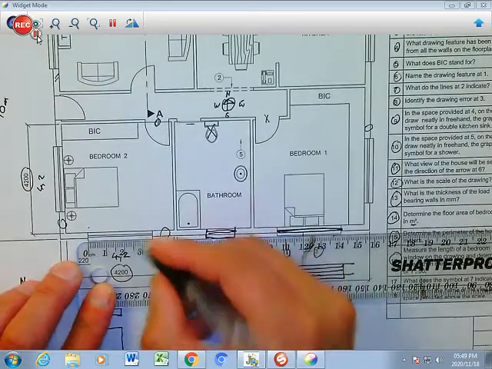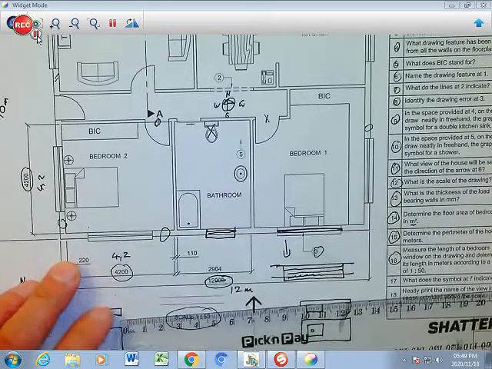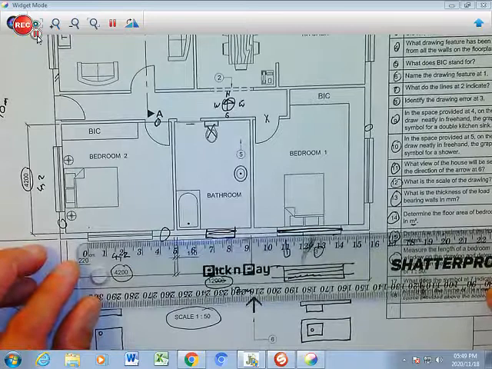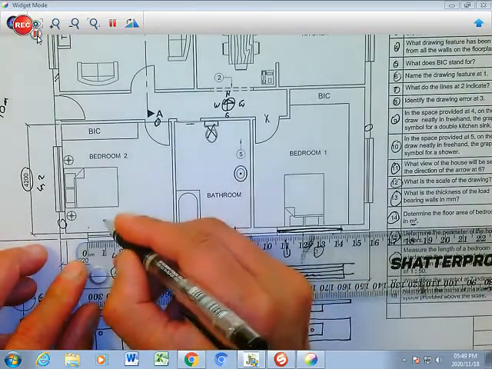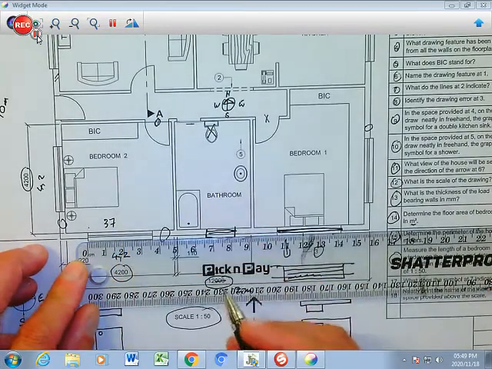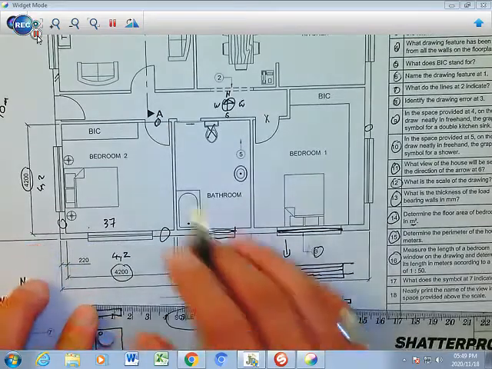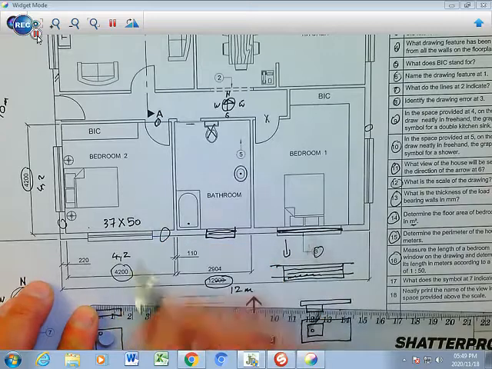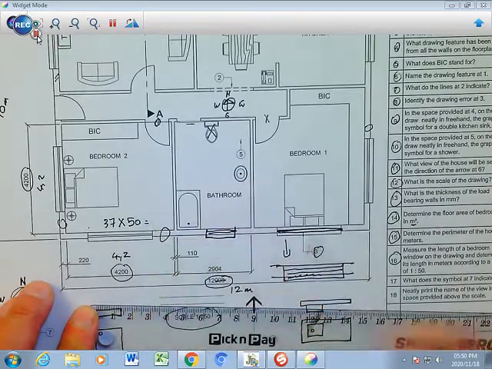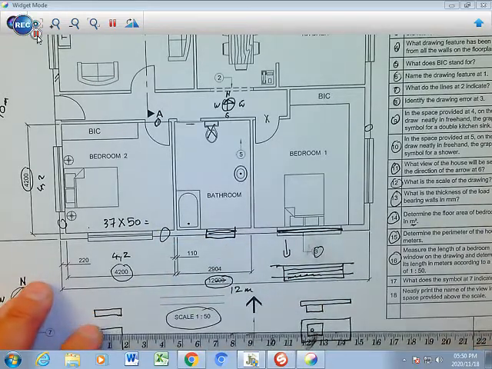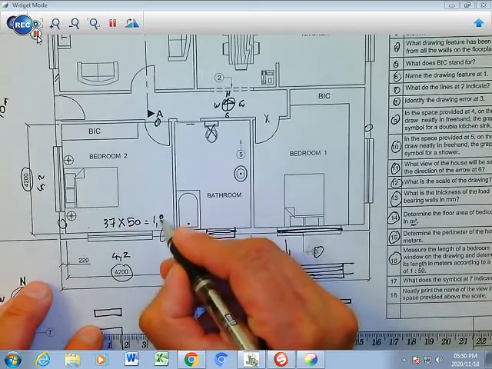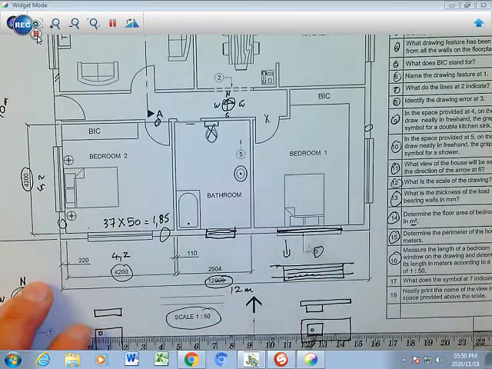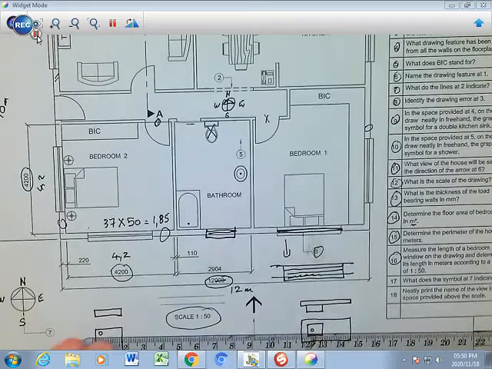And you're going to get a measurement there. That measurement is going to be 37. So you're going to have 37 as a measurement on your ruler. Because this scale is 1:50, you're going to times that by 50. And that will give you an answer of 1.85, 1 meter 850, if you scale it up to normal size.